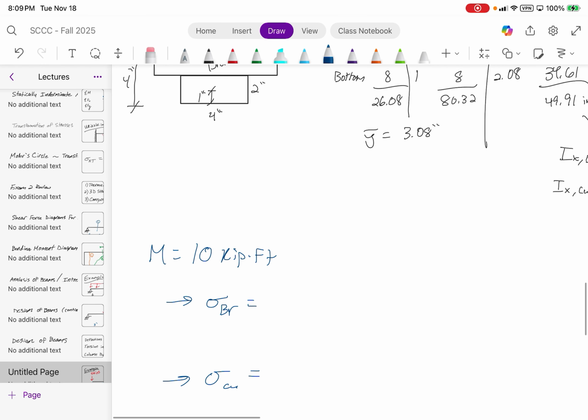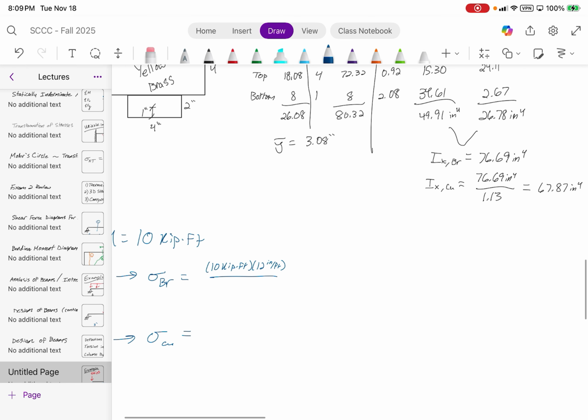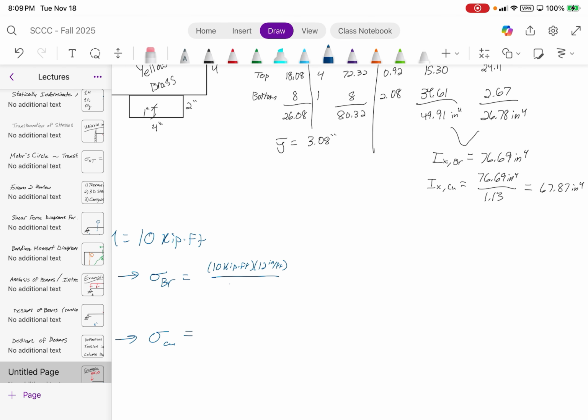So 10 kip-feet times 12 inches per foot divided by I_x for the brass. We could use 76.69 inches to the fourth. And we get 1.56 ksi.